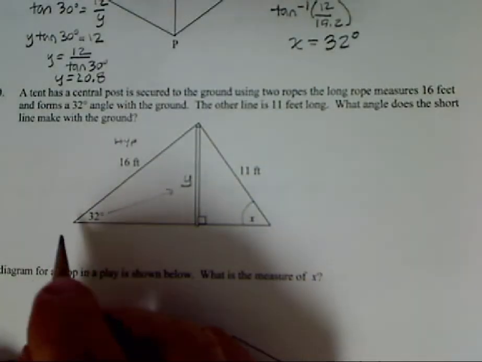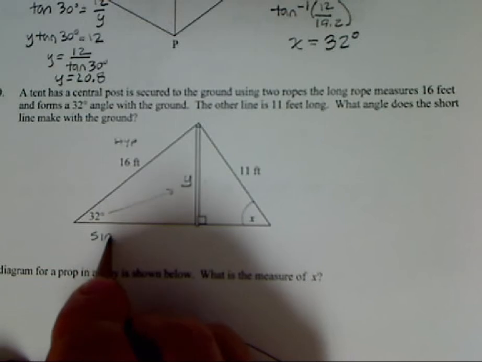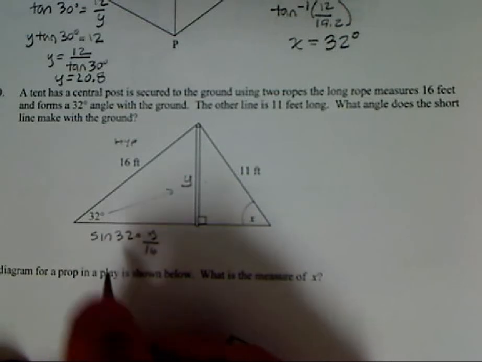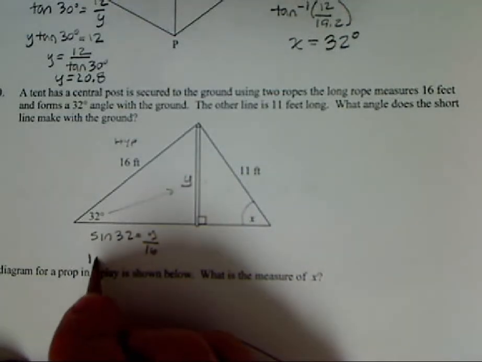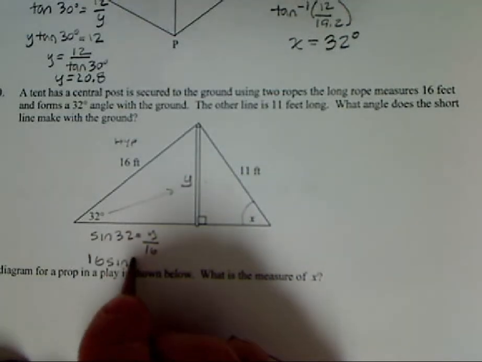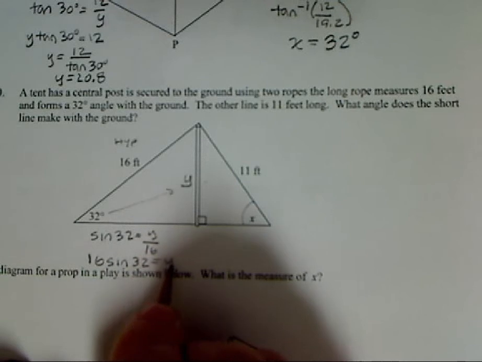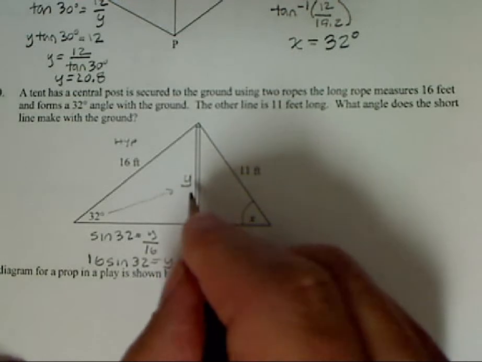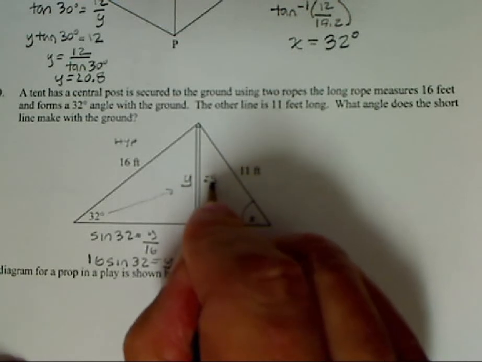So I'm going to do sine of 32 is equal to y over 16. So I multiply by 16, I get 16 sine of 32 is equal to y. Calculating that out, we get that y would equal about 8.5, or 8.48.